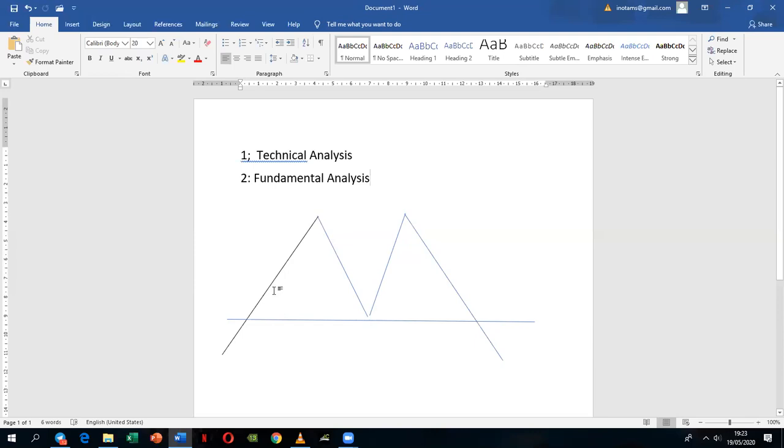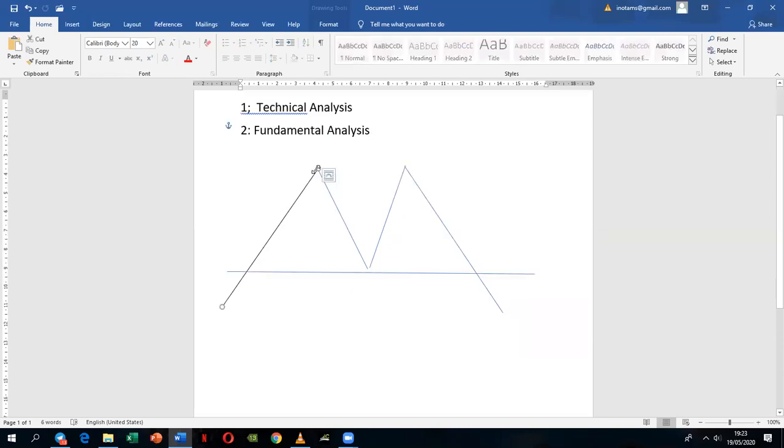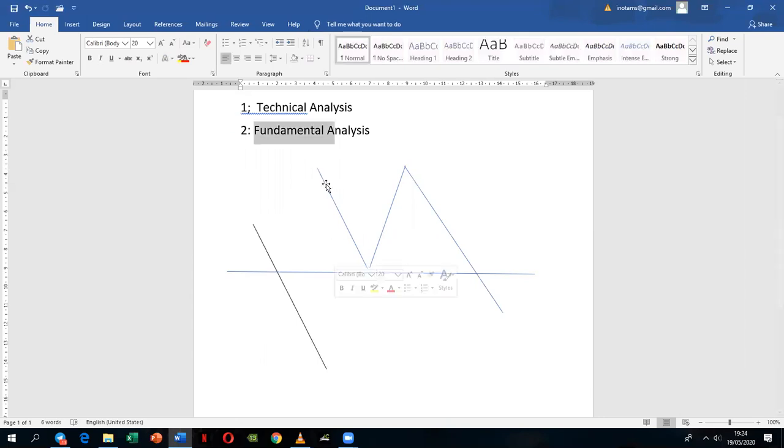This line here is the neckline for a double top, so your selling point would be here. The reverse is true if we're dealing with a double bottom. It's going to be the mirror of this. This whole thing is going to be mirrored.